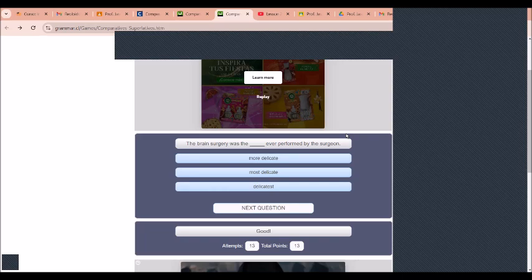So of all the surgeries, this one was the most delicate. Exactly. Repeat after me. The brain surgery was the most delicate ever performed by the surgeon. Good. All right, let's continue with Nedeline Gomez Arisa.